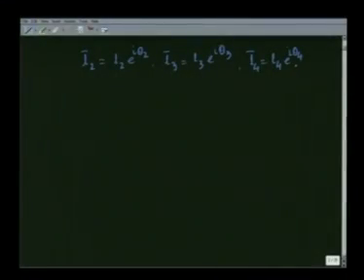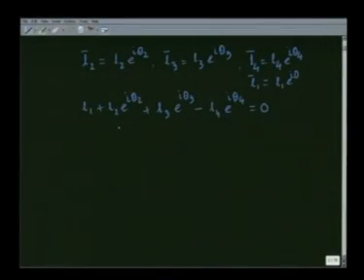Since theta 1 is 0, the vector L1 is simply the link length L1 into e to the power i0, which is 1. So, in the loop closure equation, let us substitute these complex exponential notations. We get L1 plus L2 e to the power i theta 2 plus L3 e to the power i theta 3 minus L4 e to the power i theta 4 is equal to 0.